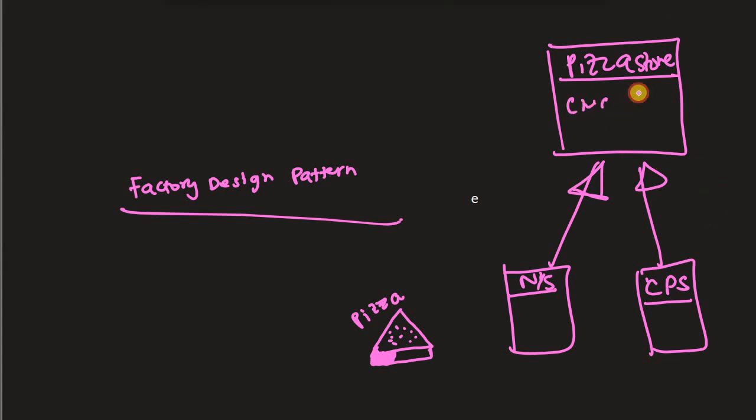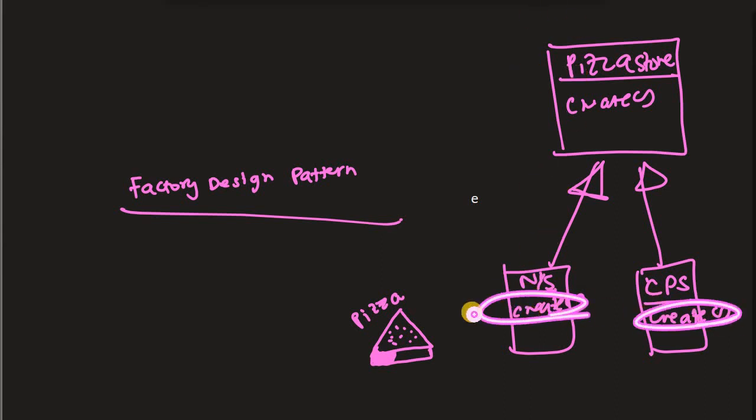And in here you have a create method, create pizza, and these subclasses are going to override this create method.